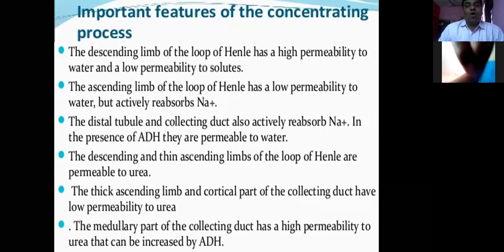In the presence of ADH, antidiuretic hormone, they are permeable to water. The descending and thin ascending limb of the loop of Henle are permeable to urea. The thick ascending limb and cortical part of the collecting duct have a low permeability to urea.